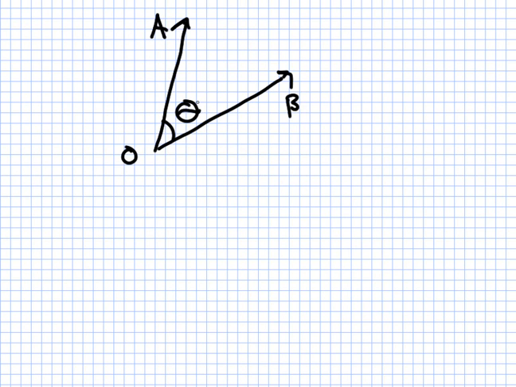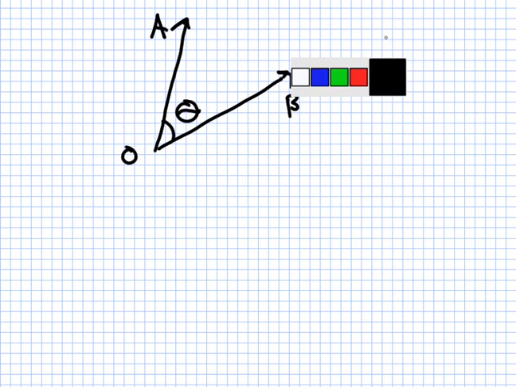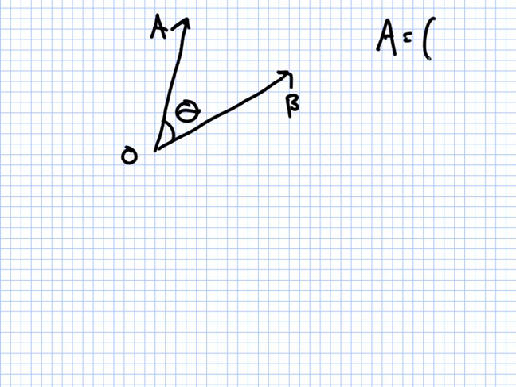The only things we know are A and B. So we know what the vector A is and we know what the vector B is. So I need to just give them names. A equals A1, A2, A3 to make it easy, and B equals B1, B2, B3, just to make it easy.